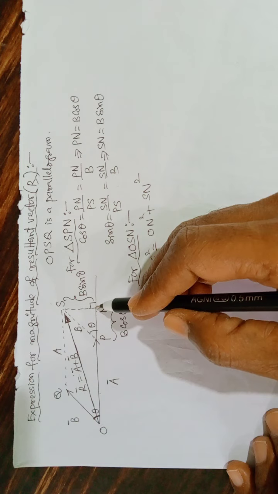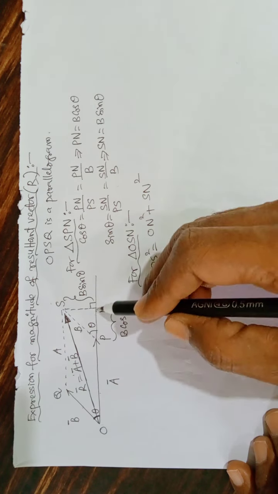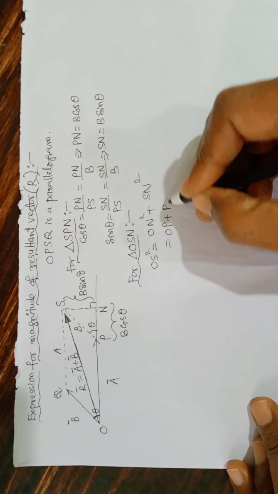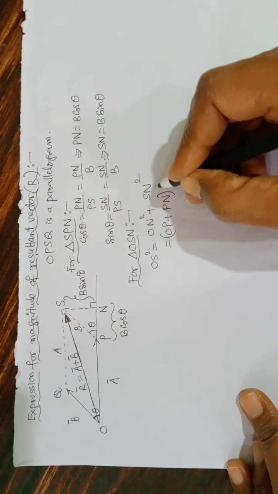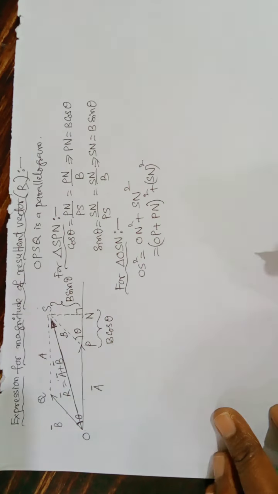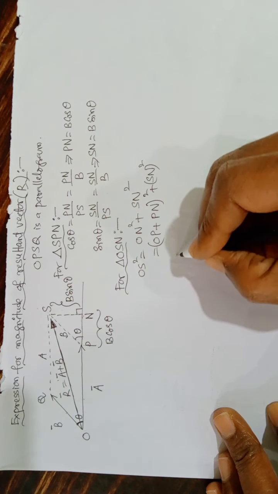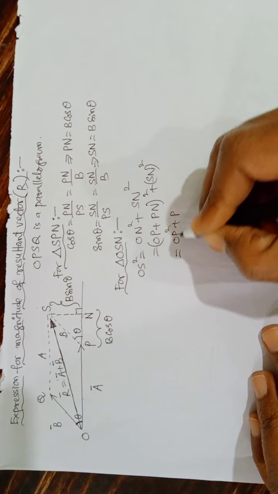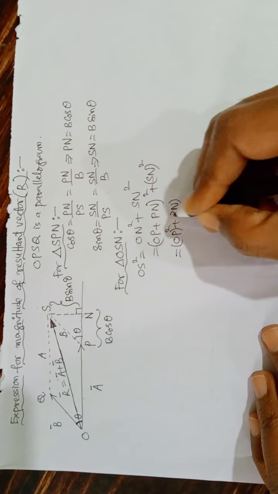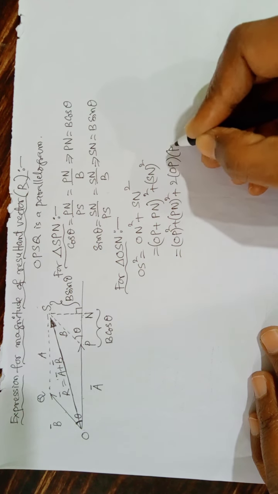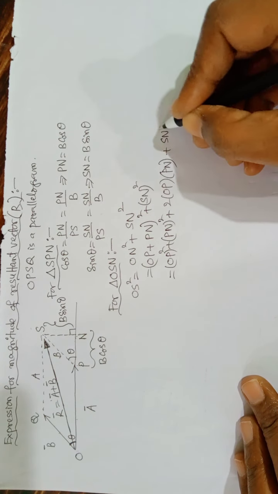And this base is the sum of OP plus PN. Now if you expand this, OP square plus PN square plus 2 OP PN plus SN square.